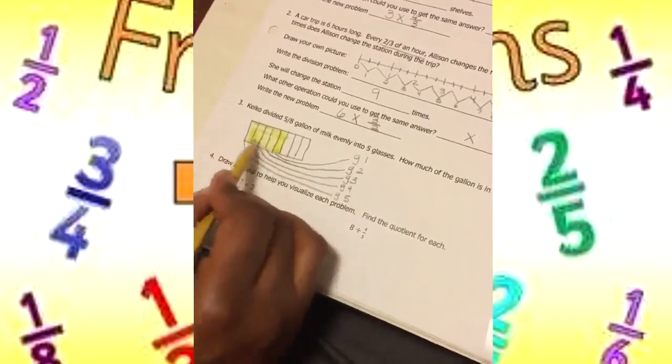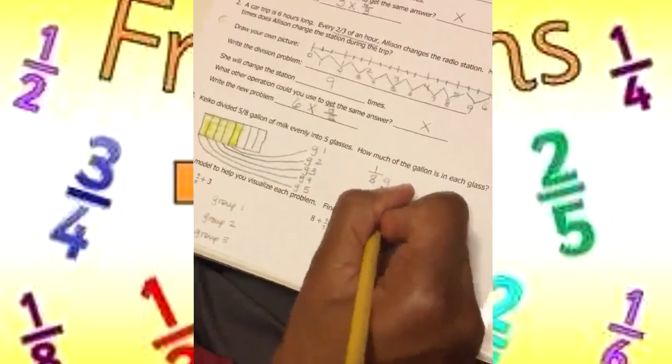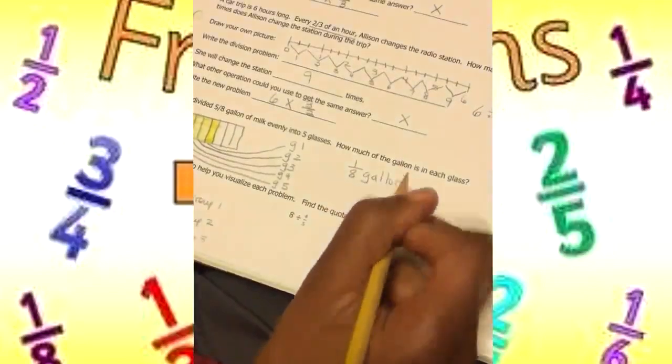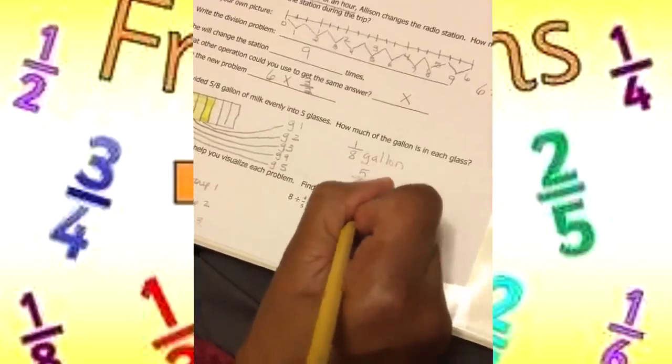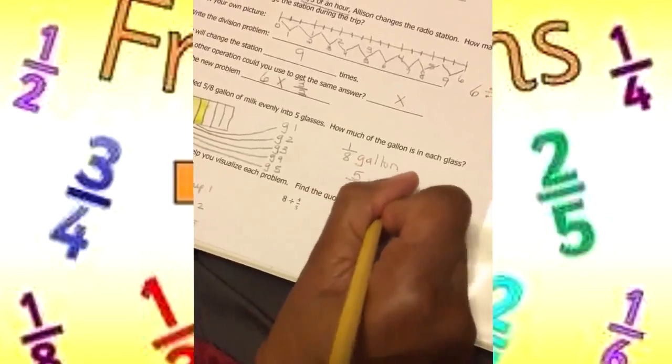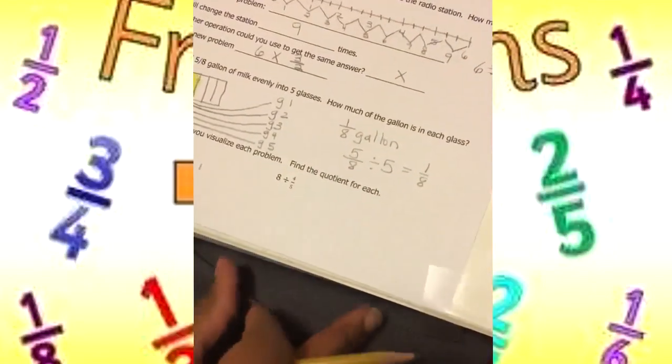So it looks like each section, or each group rather, has one of these pieces. So if these are eighths, that means each group has 1/8 of a gallon of milk. So my division problem is 5 eighths divided into 5 groups equals 1/8. So that's how I solve number 3.